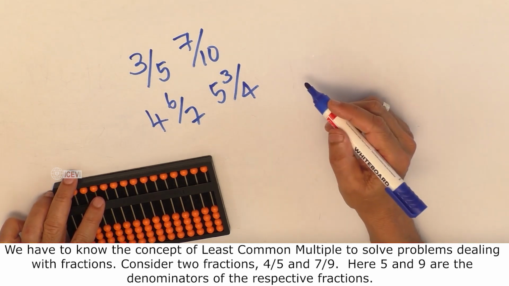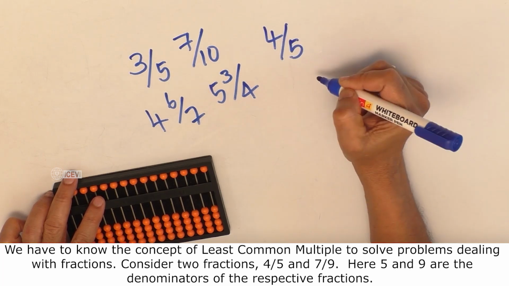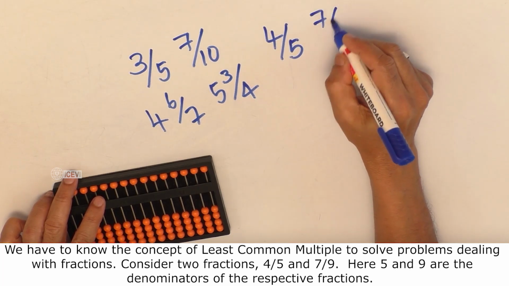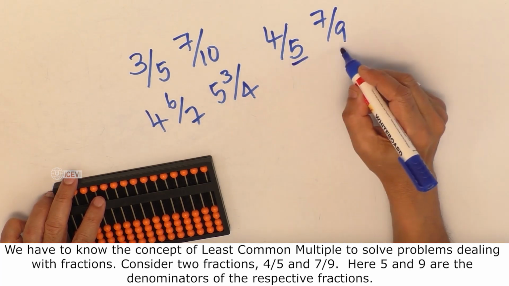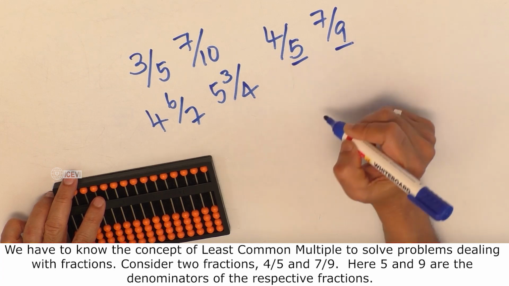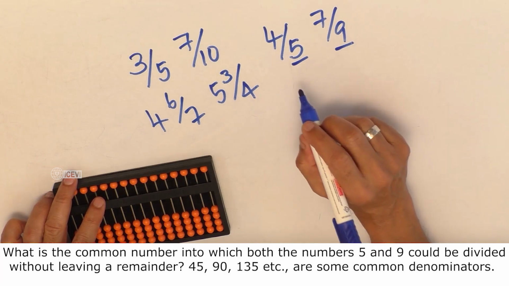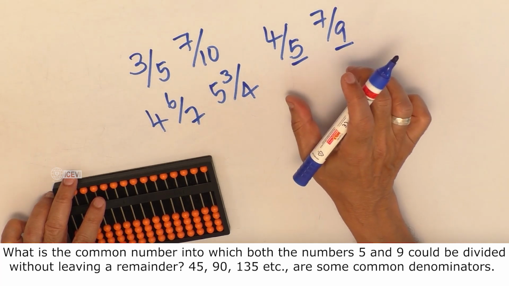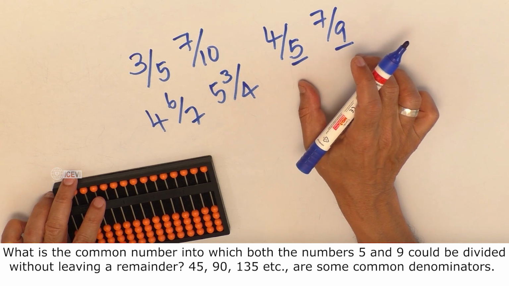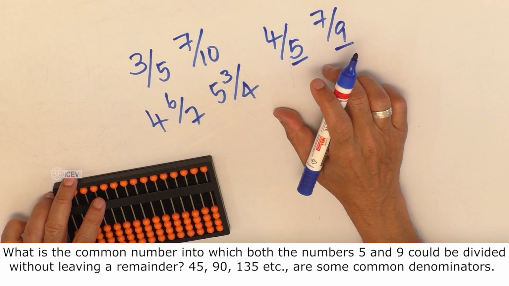Consider two fractions 4 by 5 and 7 by 9. Here 5 and 9 are the denominators of the respective fractions. What is the common number into which both the numbers 5 and 9 could be divided without leaving a remainder?